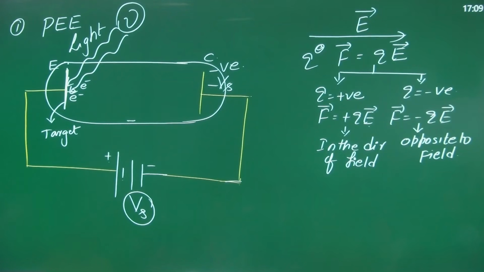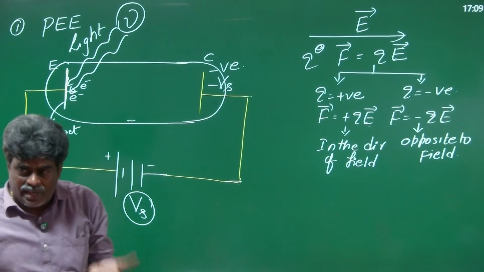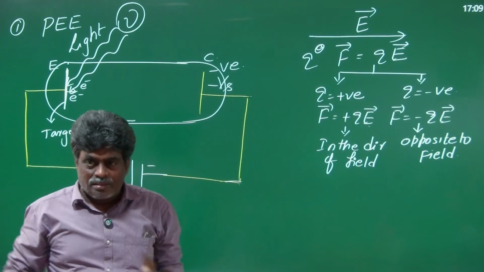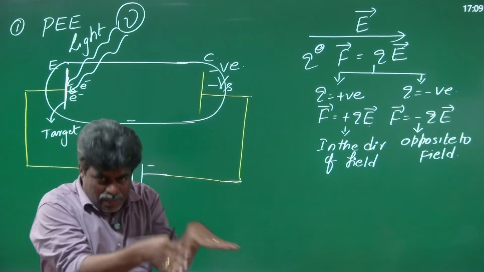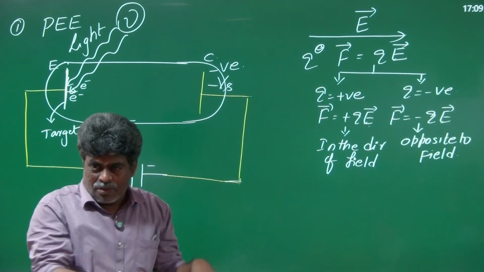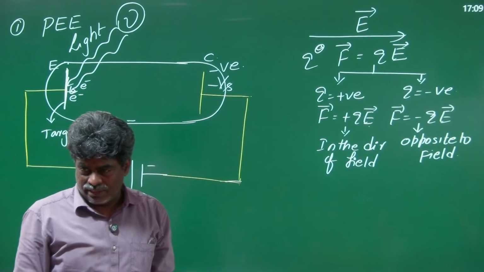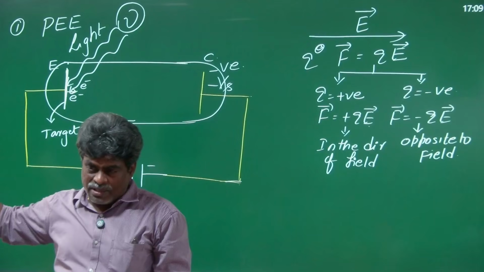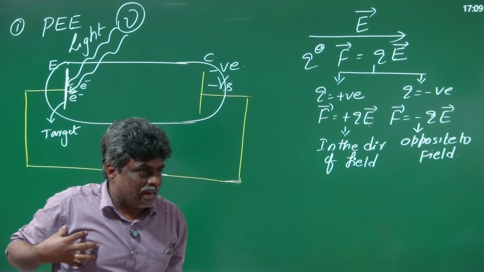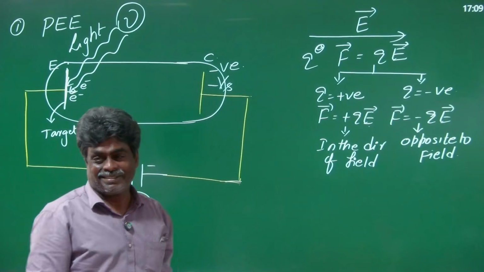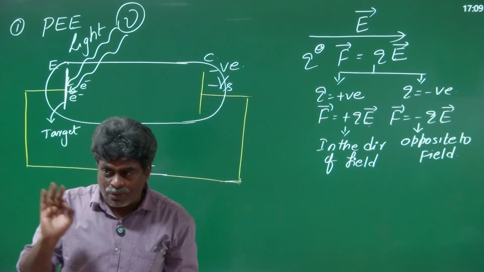Why? Because for every metal there is some bound energy or binding energy. The electron is already bound to the metal. Say yes or no? Yes. For example, if you are already bound to a state, like sitting on that bench, and we want to remove you from that bench, we have to spend that much energy. Simple example, hydrogen atom.